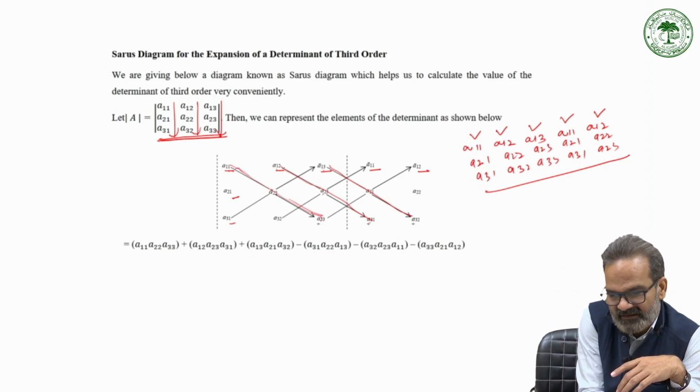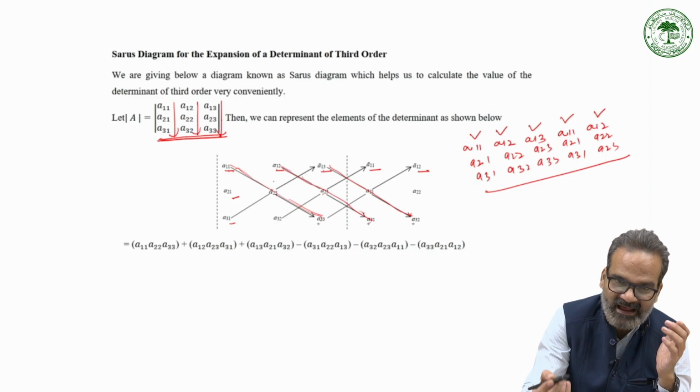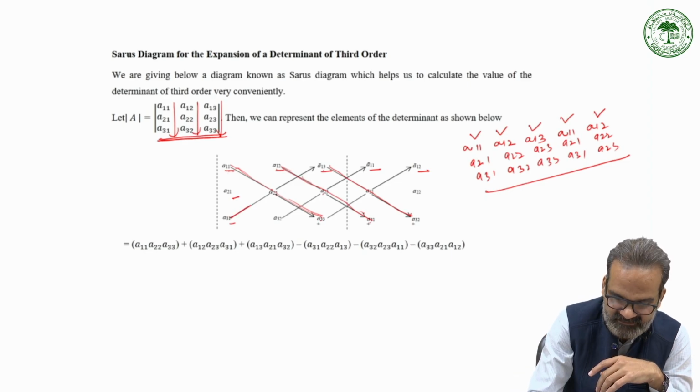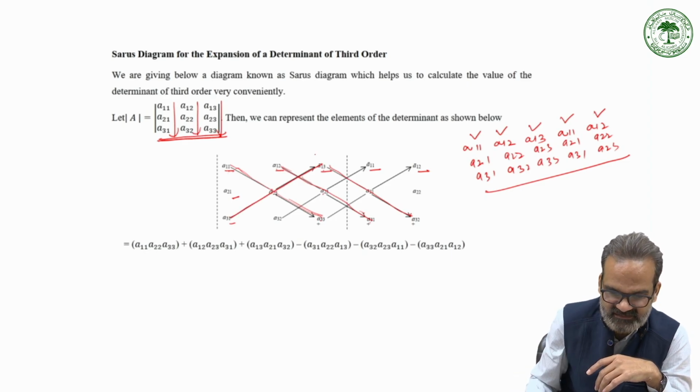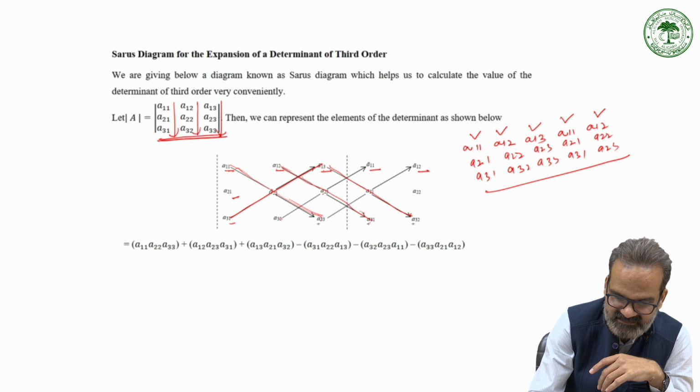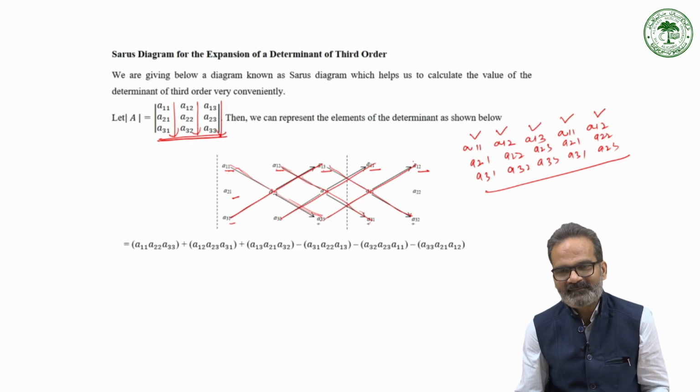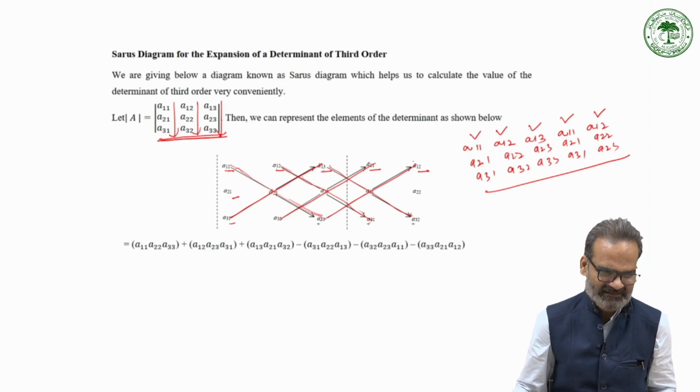So this into this plus this into this, right? Minus, the diagonal should be reversed, this into this into this, and minus this into this into this, minus this into this into this, right? So what actually Sarrus has given?